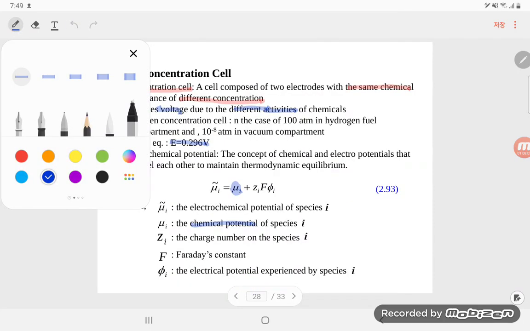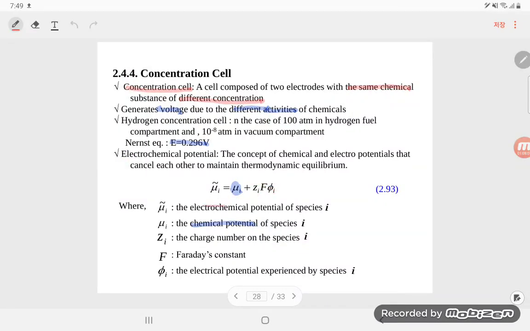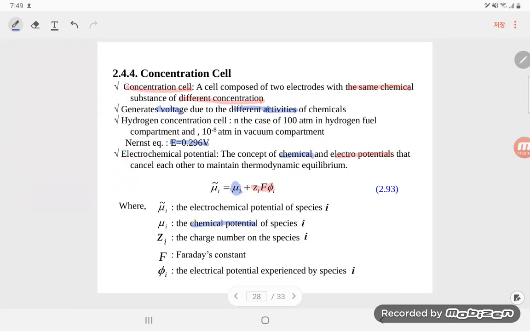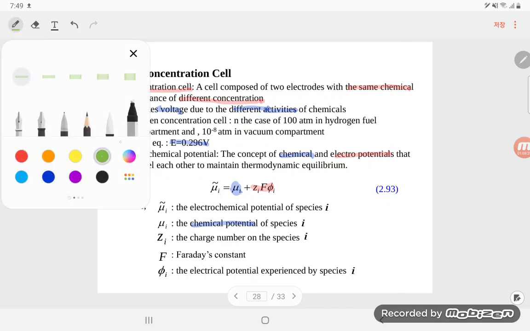And there is an electropotential. If we sum up these two, then we call it the electrochemical potential.